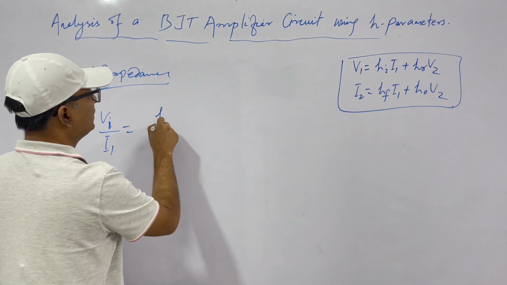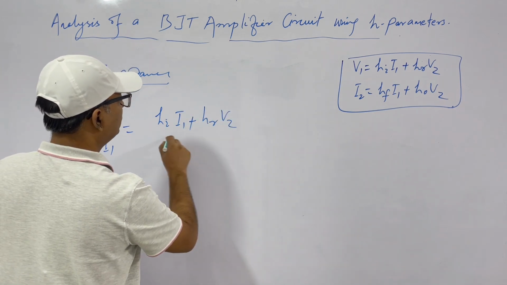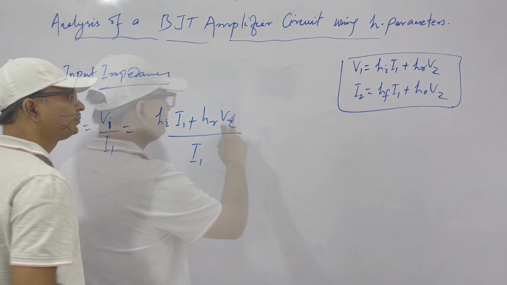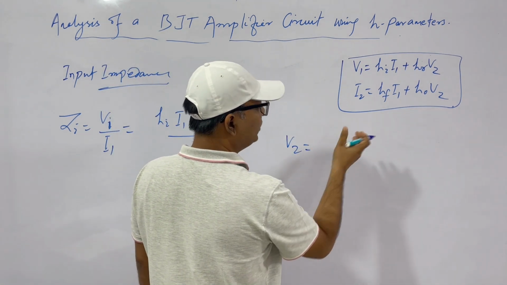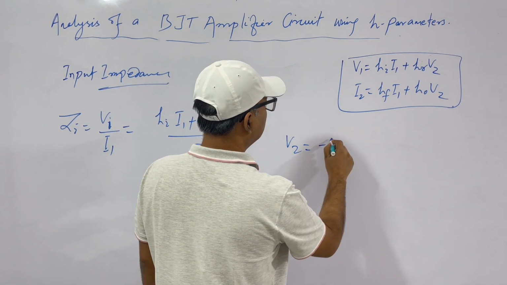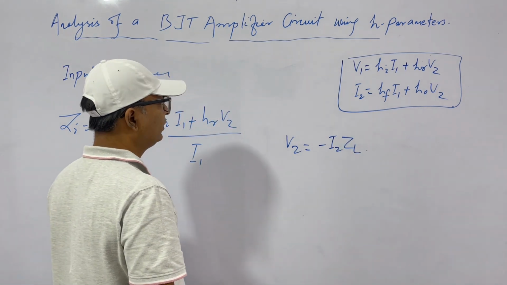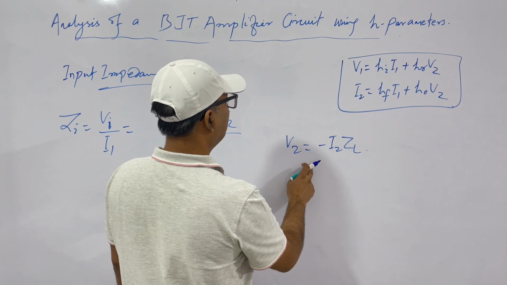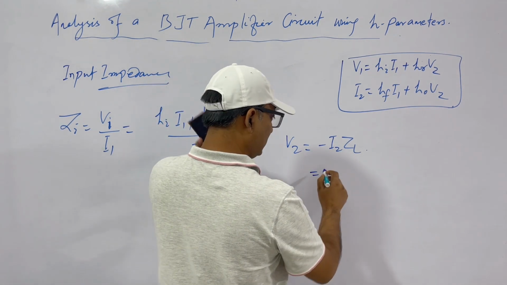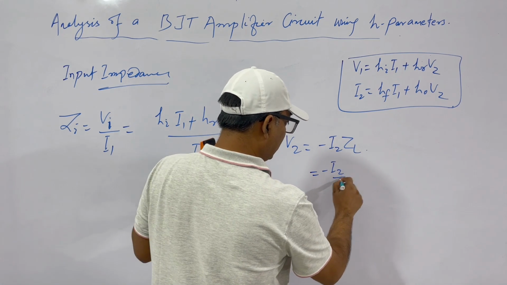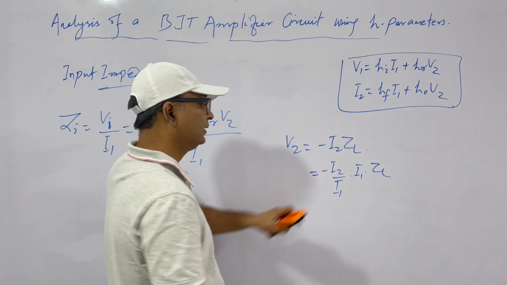V1 is HI I1 plus HR V2, divided by I1. So V2 is what? V2 is our output voltage, that is I2 into ZL. This we know. Therefore, we can write V2, and further we can do one more thing. We can put I2 by I1 into I1 into ZL. We can write like this, and this is what?